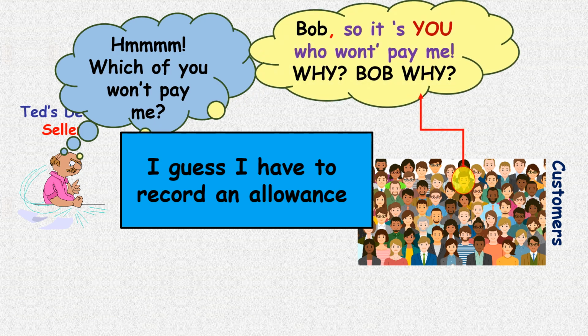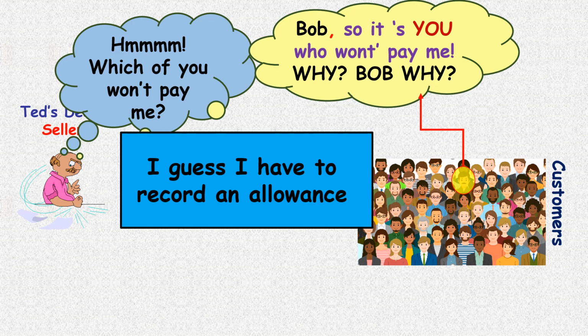But sometimes after Ted has created the allowance, he finds out that it's Bob that will not pay. So he finds out the customer that will not pay. Obviously, later on you will know the exact customer that will not pay, but at the time of sale, you didn't know that it was Bob that will not pay.